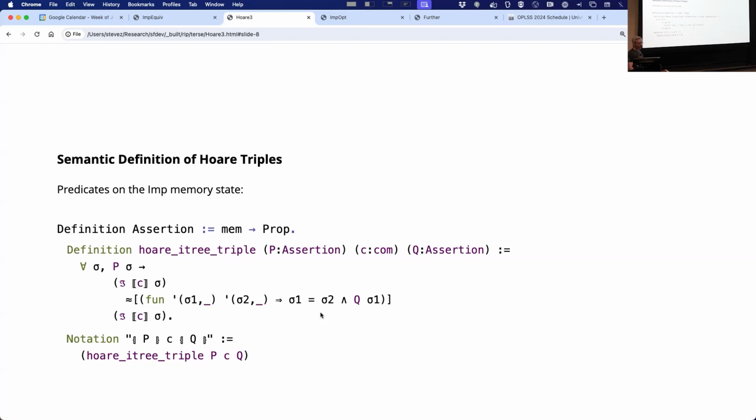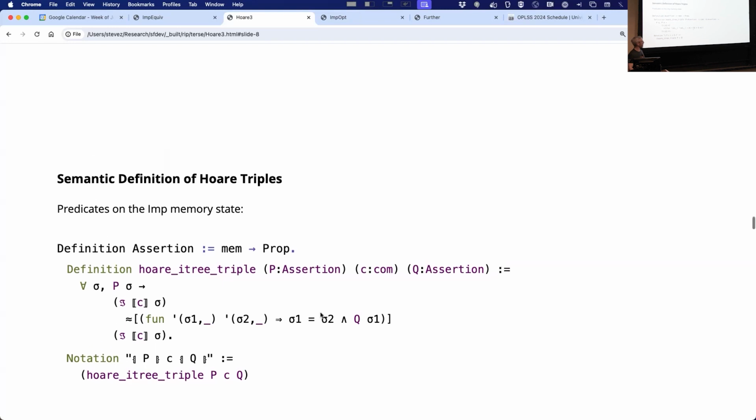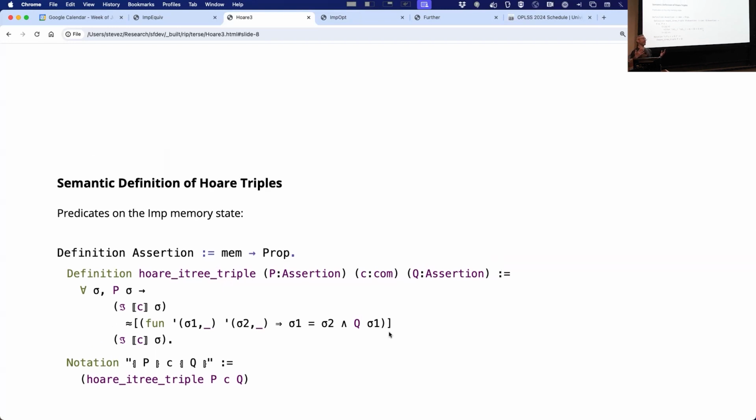So, well, okay, this is actually a good question. You might imagine the thought experiment of adding non-determinism to imp. Let's encode it as an event in iTrees, maybe a new kind of event, let's call it choose or something like that. That gives you a non-deterministic choice of two branches. You could have those. The question is, do you interpret away those events?